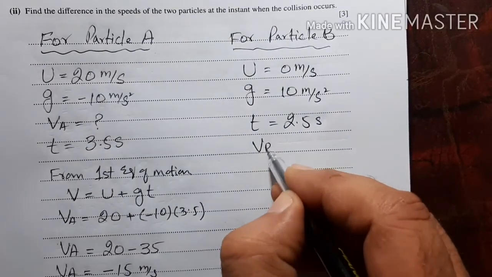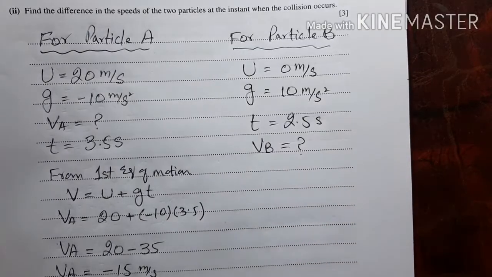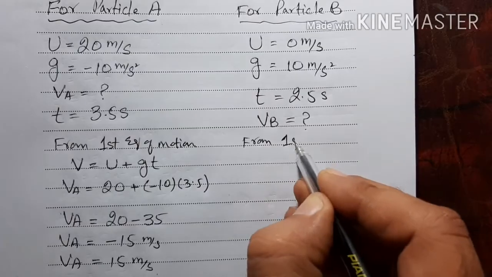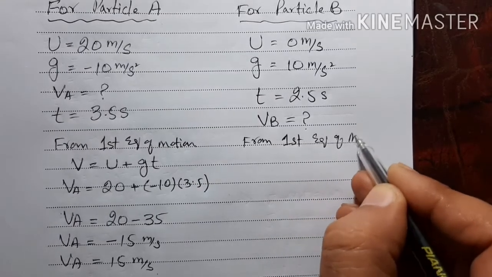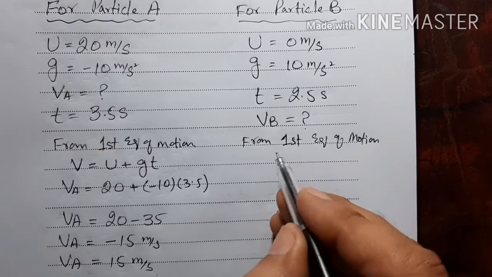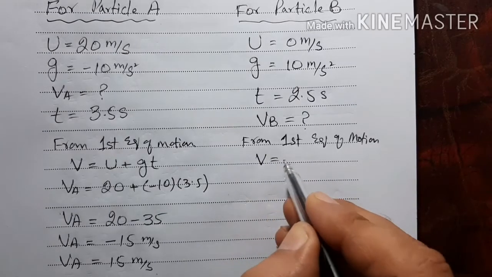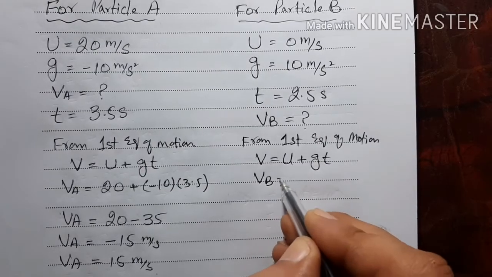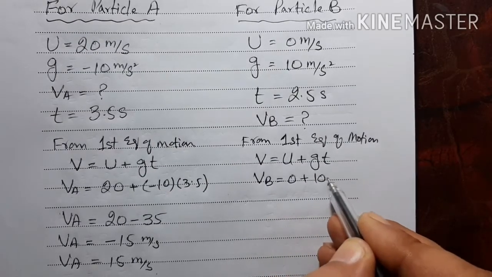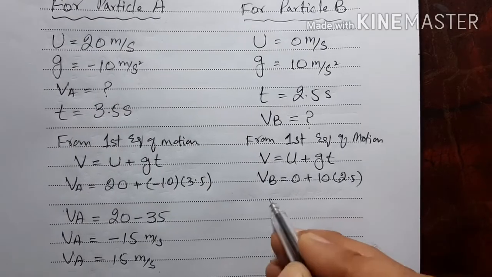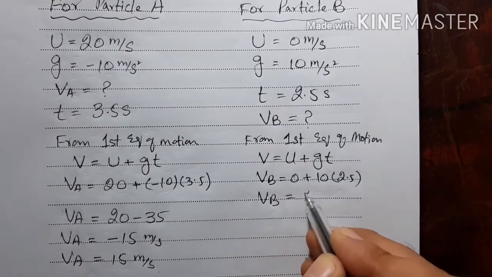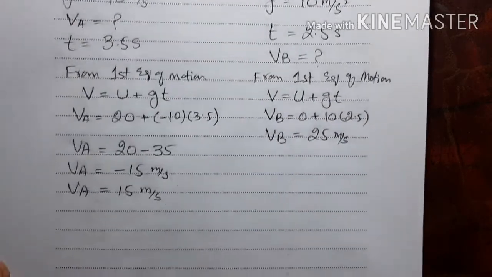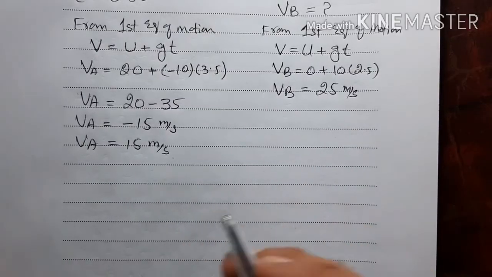And we need to find the final velocity of particle B again from the first equation of motion. We know V is equal to U plus GT. So VB is equal to 0 plus 10 into 2.5. So VB is equal to 25. This is the velocity of particle B at the time of collision.